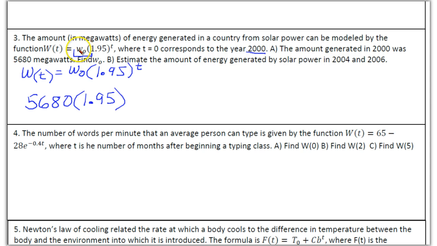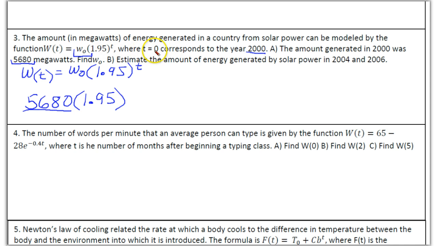And they're saying that initial amount in the year 2000 was 5,680 megawatts. So that's what we're going to put there for the W0. And then this is part of the formula, 1.95. But now what will our value of t be?